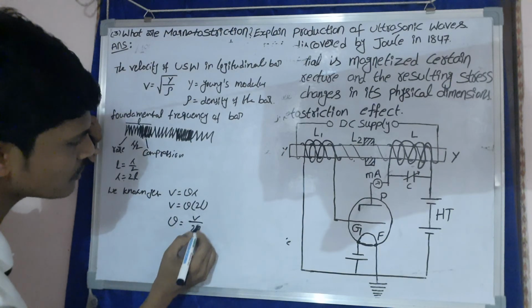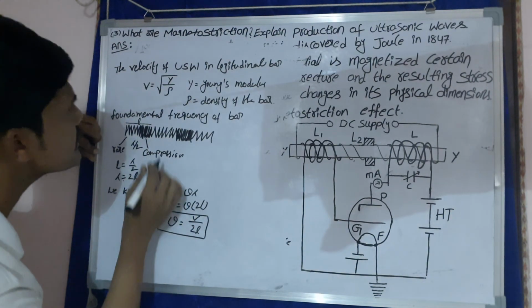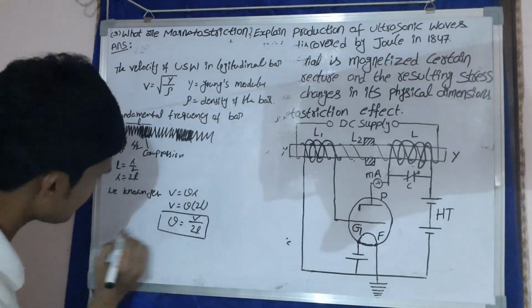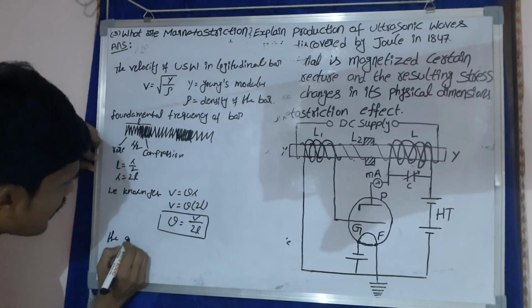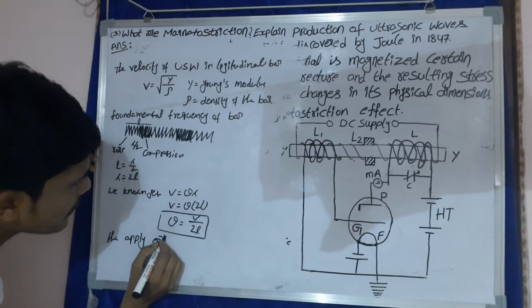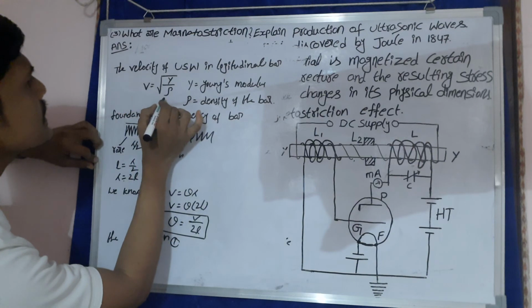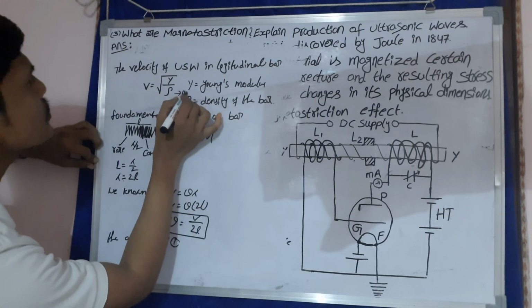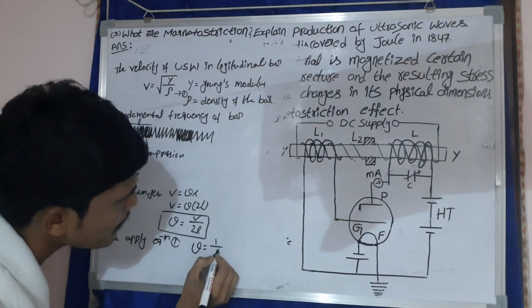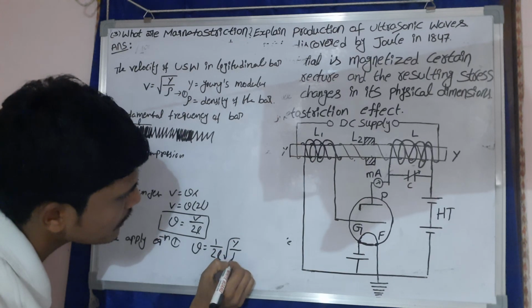This is the fundamental frequency of the bar. Applying equation 1, V equals root over Y by rho, so nu equals 1 by 2L root over Y by rho.